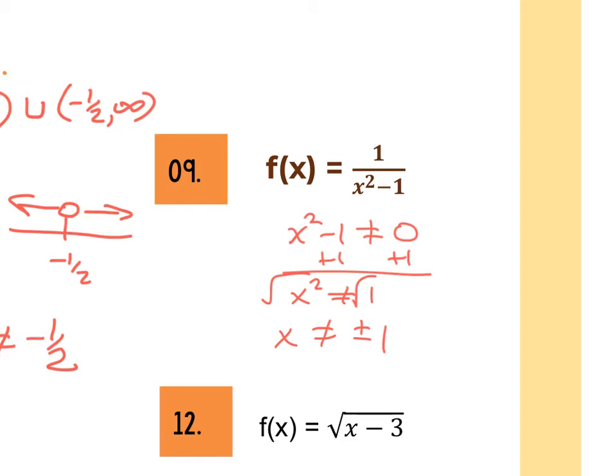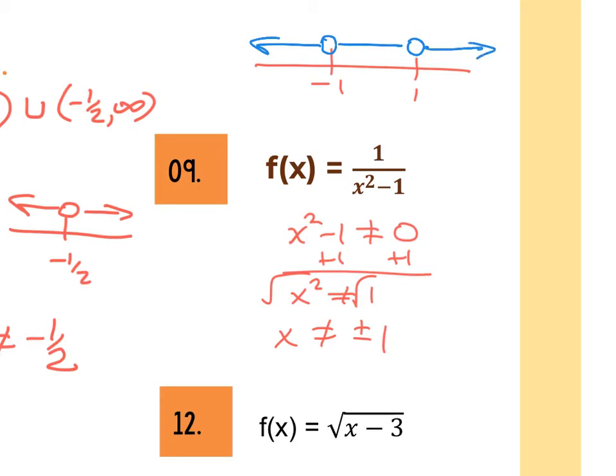So let's go ahead and draw the number line so we have a visual. I'm going to put -1 here, +1 here. Remember, that's where my holes are located. x cannot be these numbers, but it's everything else.